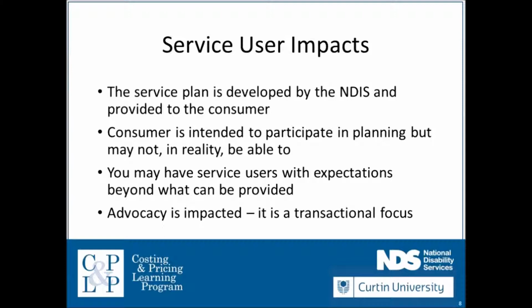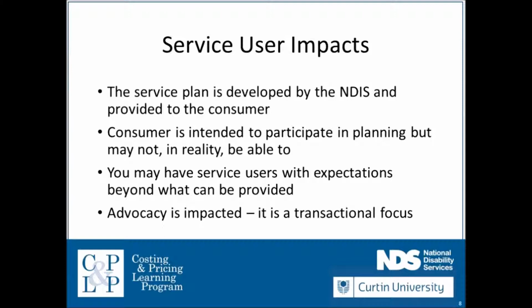And therefore it's going to be very important from a service user perspective to ensure that you're able to coach those prospective users so that they understand how the system works, and to be able to appreciate that they might have expectations that are different to the reality of the NDIS.